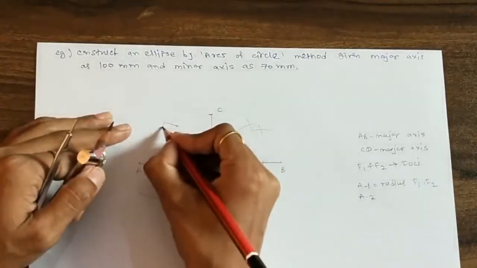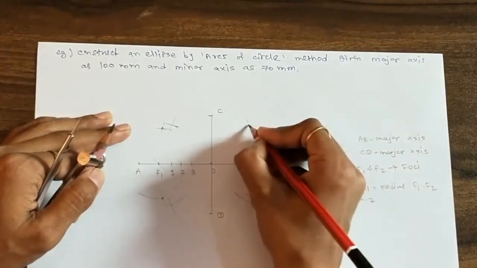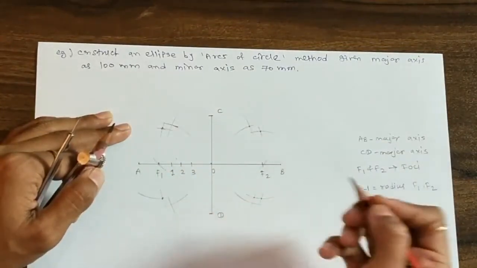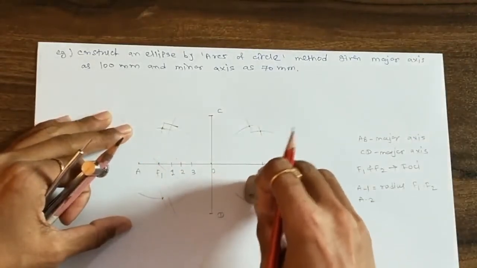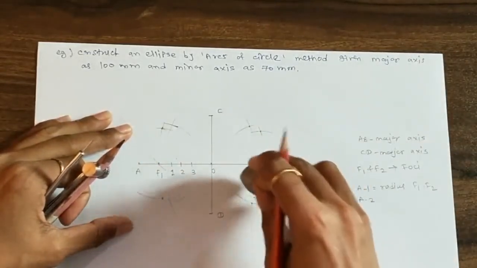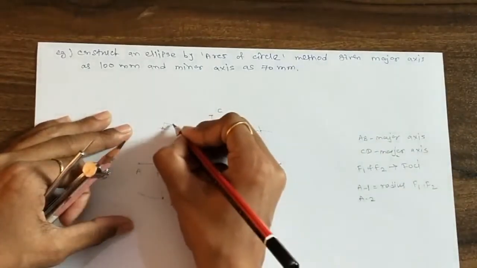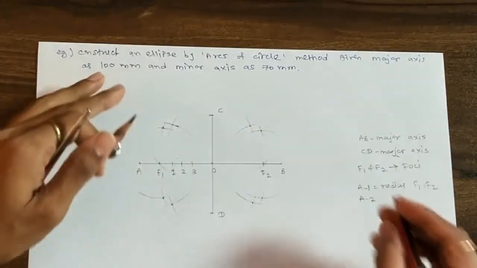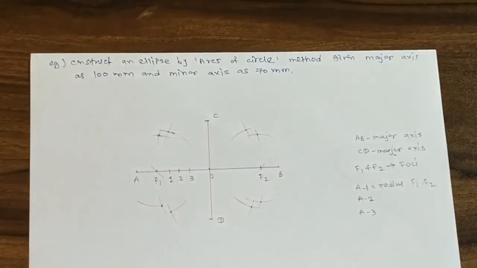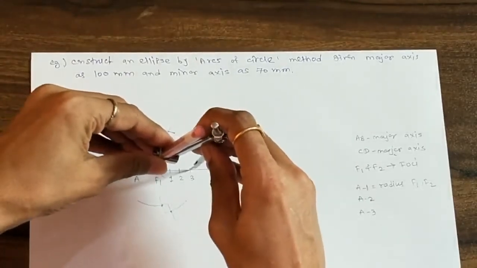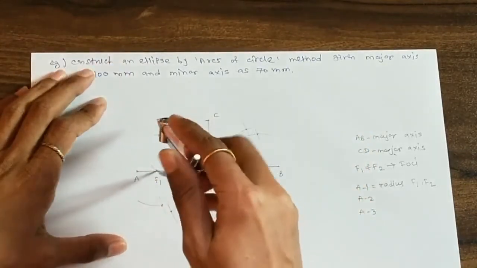So first we have drawn 4 points. Now next again we will get 4 points. Now take A3 as radius and F1 as center.